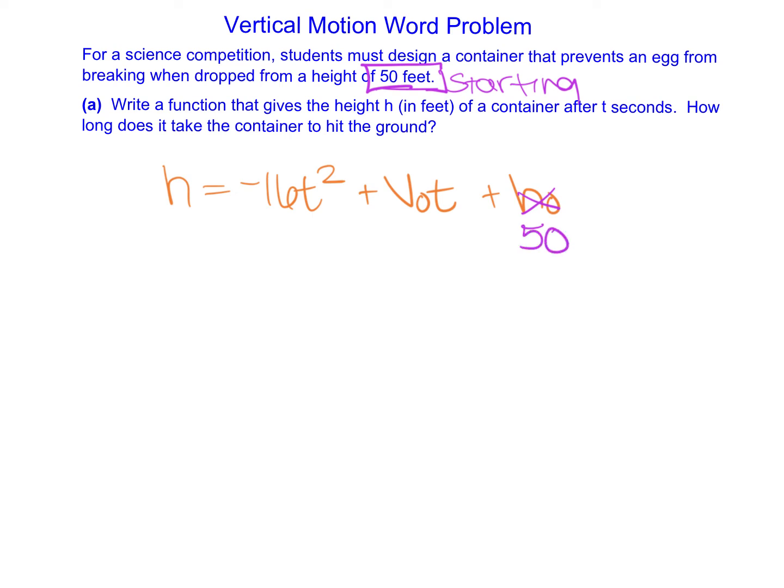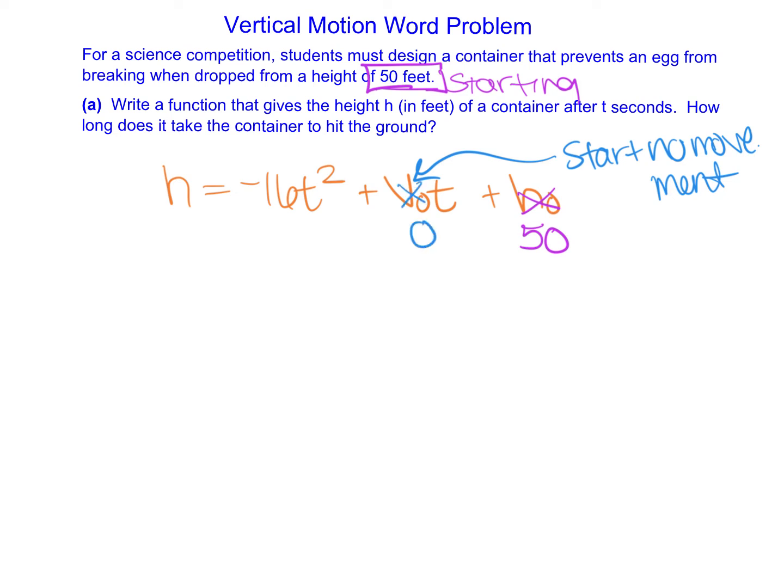Now, I also know in this situation that we're going to drop this from free fall. So we're going to start with no movement, which means that this value for our v sub 0, or our initial velocity, is going to be 0.